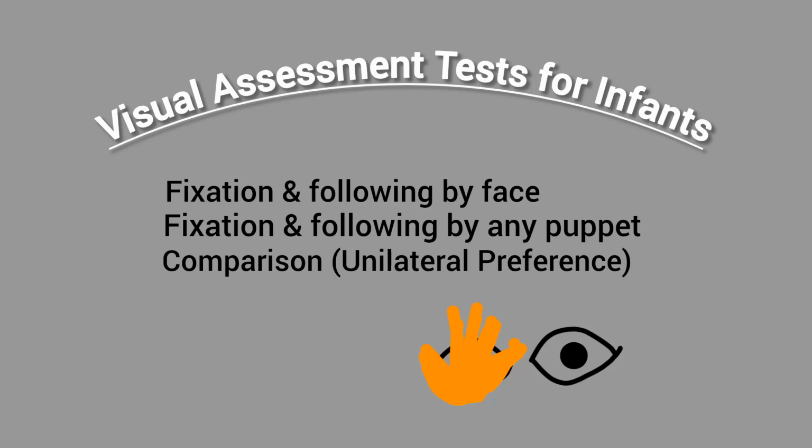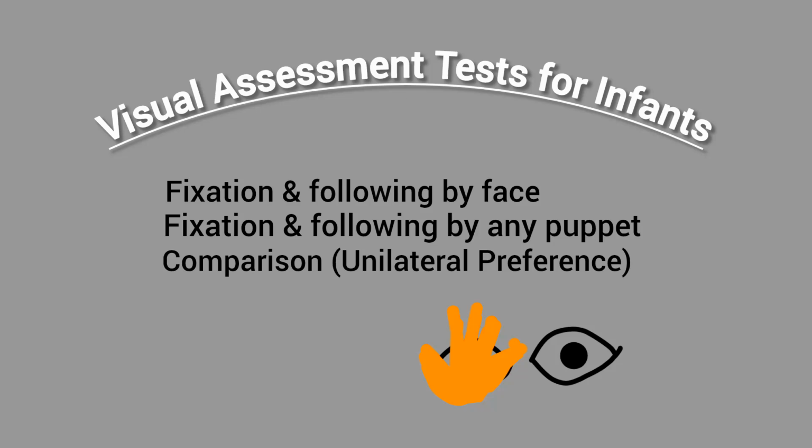We are checking whether the patient is able to see or not, and if there is no vision in the patient's eye, he will not fixate when you show your face. He will not fixate when you show any puppet. He will not react if there is no vision in his eye when you close that eye, right?